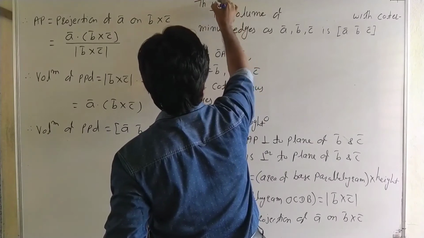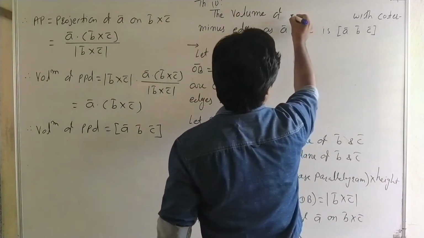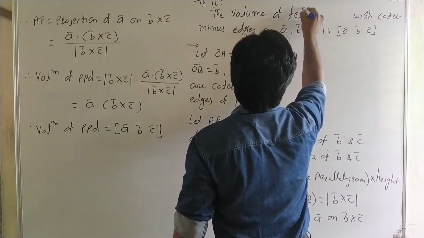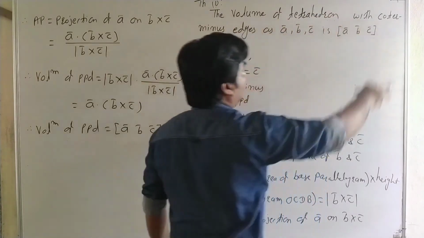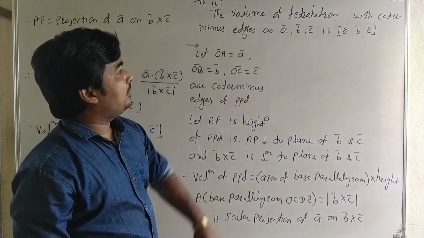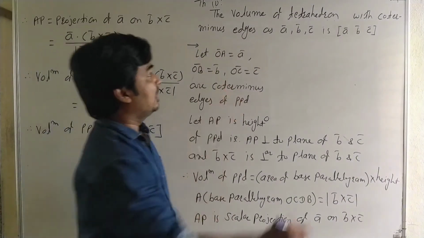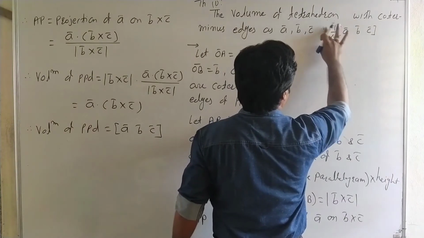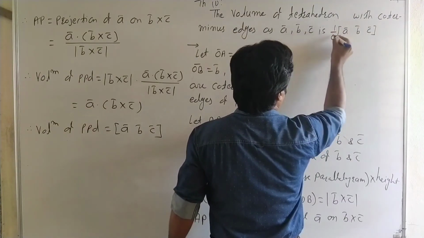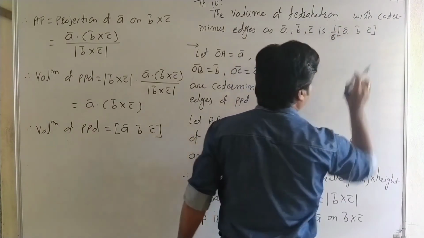See carefully, theorem number 10, volume of tetrahedron with coterminous edges A bar, B bar and C bar. The volume of tetrahedron is 1 by 6 triple product of A bar, B bar and C bar.